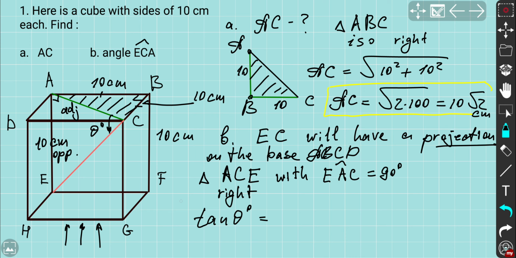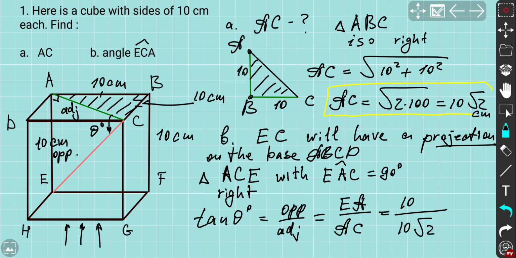Just remember trigonometric ratios: opposite to adjacent side gives you simply tangent theta. In our case, it's going to be EA to AC. Once we plug in the values, we get the ratio 10 over 10 square root of 2.